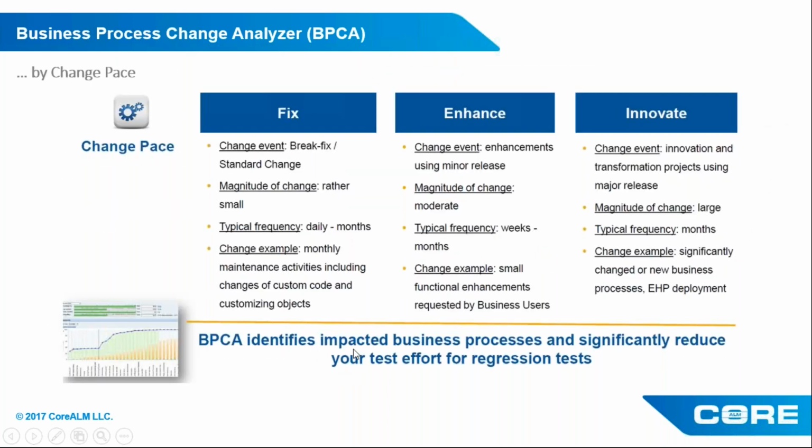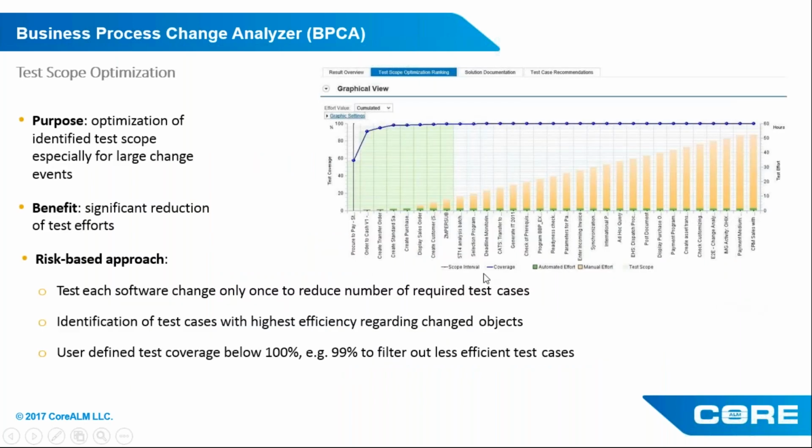And BPCA identifies processes and reduces the testing effort for regression testing. So test scope optimization, you'll see that in the demo shortly, and it provides a risk-based approach to testing.